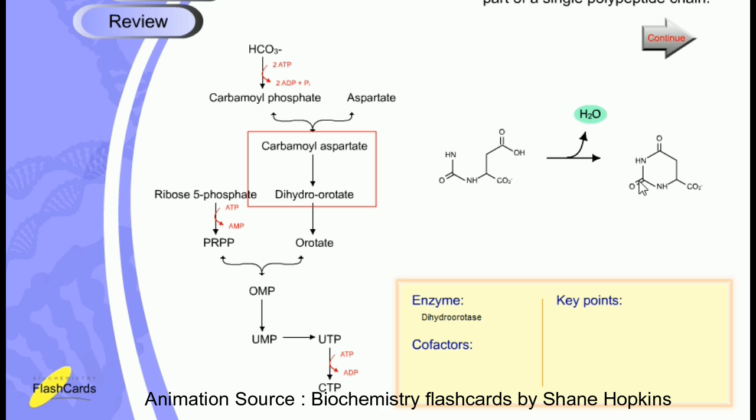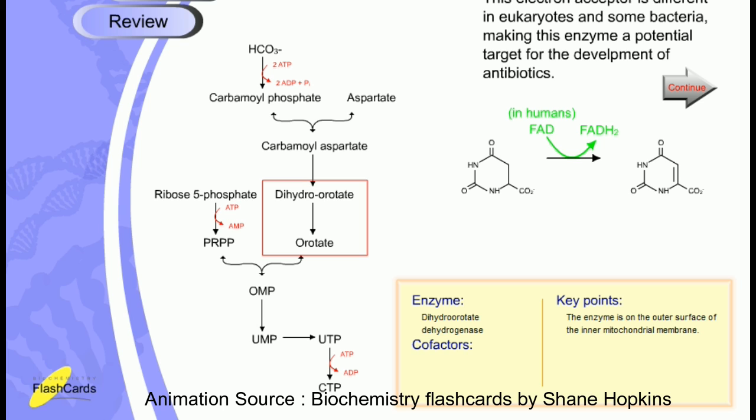That enzyme produces dihydroorotate. After that, the oxidation of the dihydroorotate is mediated to convert it into orotate. It involves an electron acceptor bound to the outside of the inner mitochondrial membrane, and that electron acceptor here is FAD.